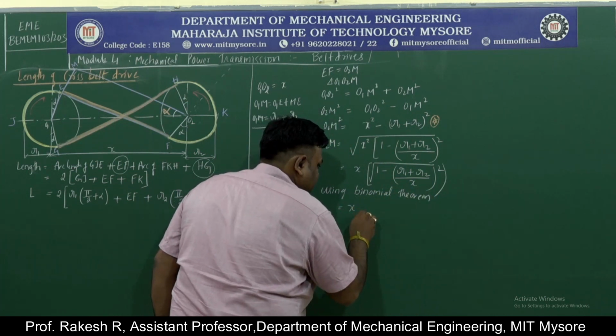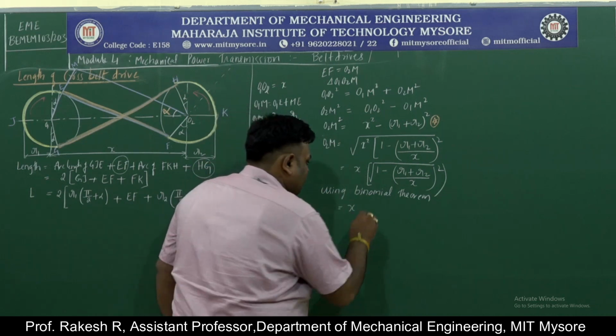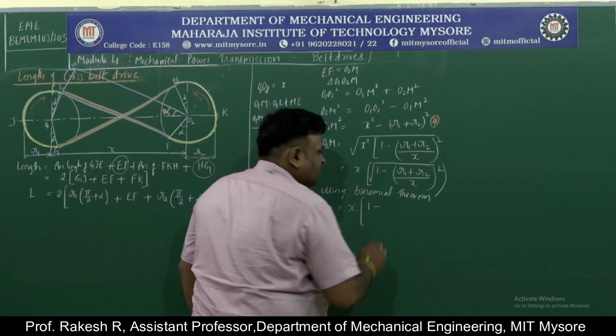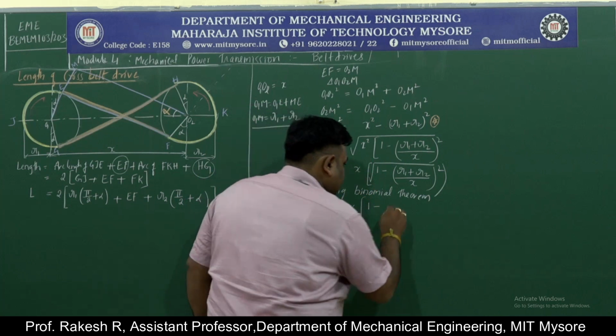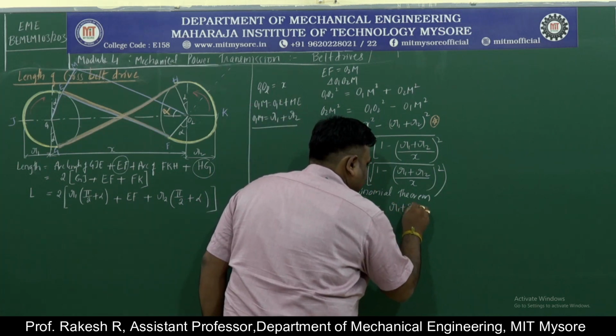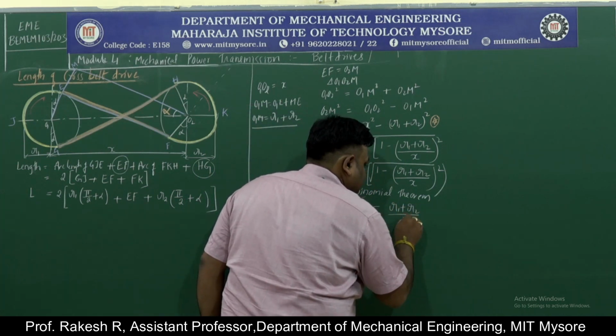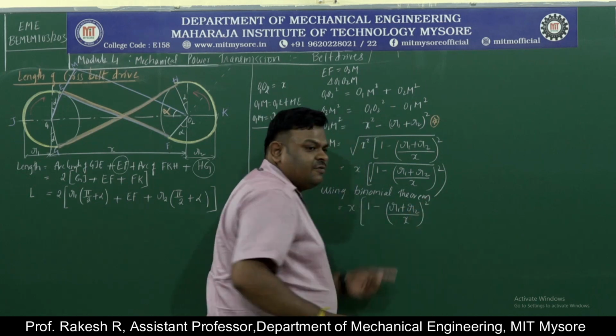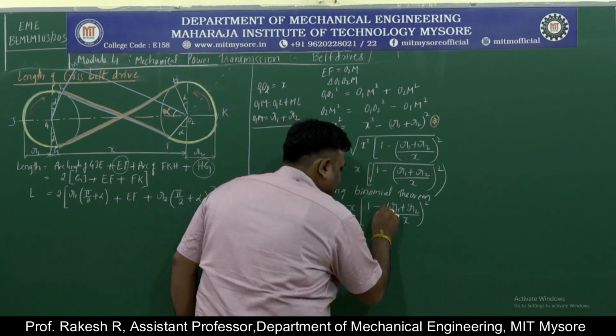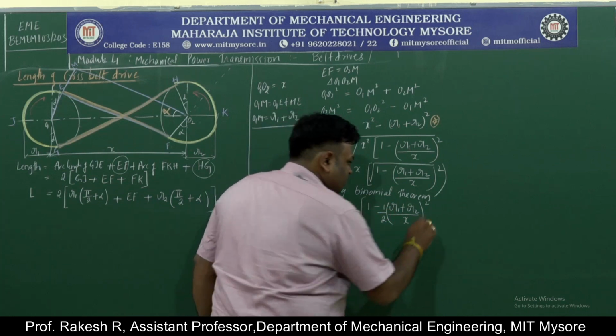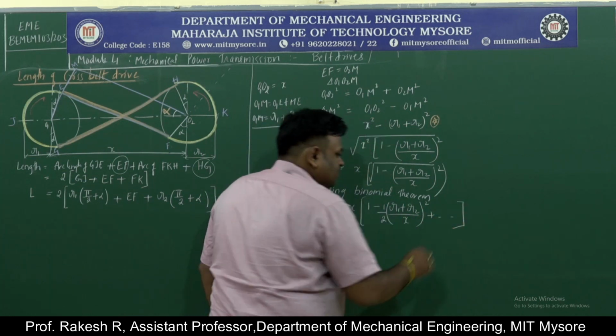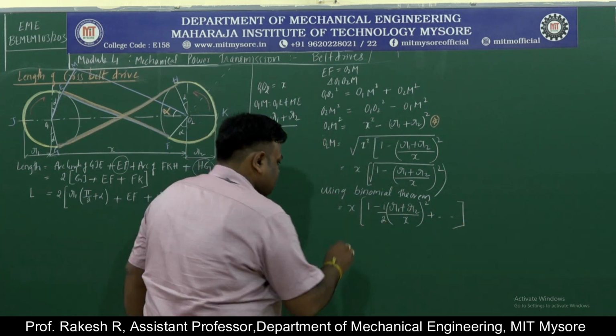X into same thing, 1 minus (R1 plus R2) by x whole square into 1 by 2 factorial, that is nothing but 2, plus it goes on. So we will be considering only two terms.